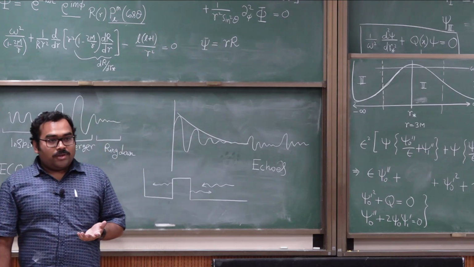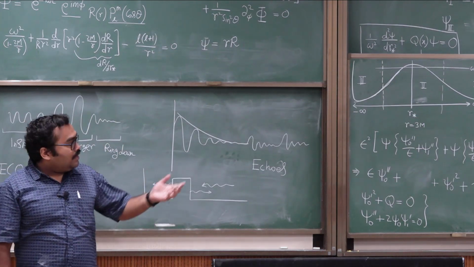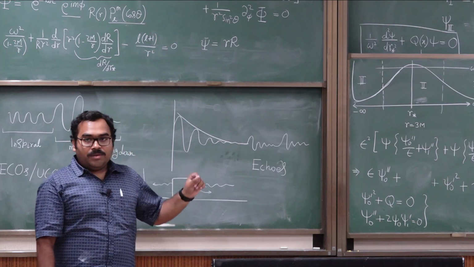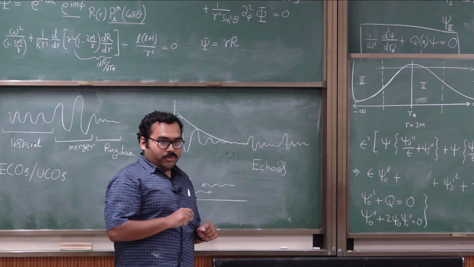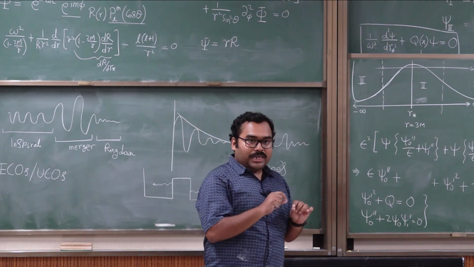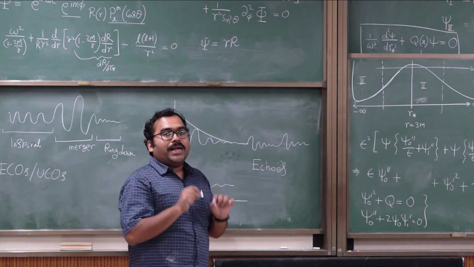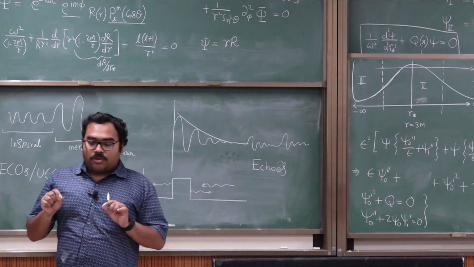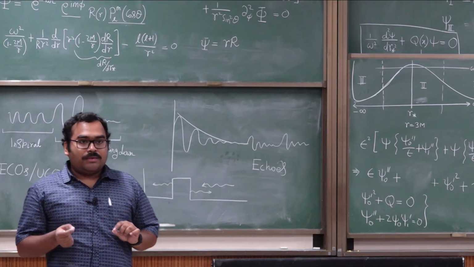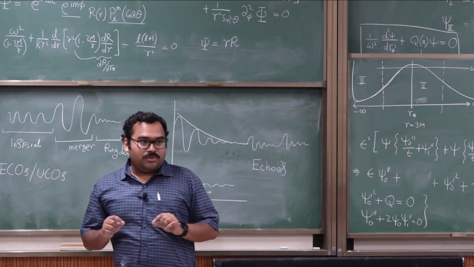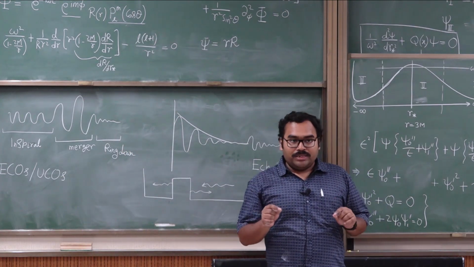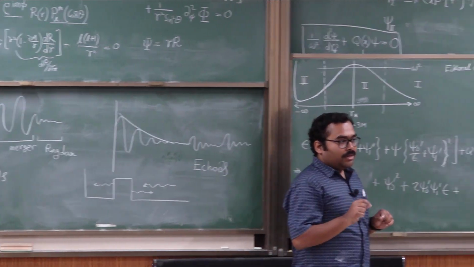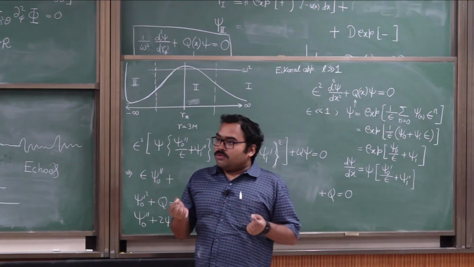Now what would be a test of GR? A test of GR would be this: the QNM frequencies, if you remember, depend on the maxima of the potential at the photon sphere. Now the location of the photon sphere and the potential both depend on what your black hole is. If you are not considering a Schwarzschild black hole, but some black hole in some other modified theory of gravity, then you will have a different maxima, a different potential. So V at maxima, V double prime at maxima, they are all going to change.